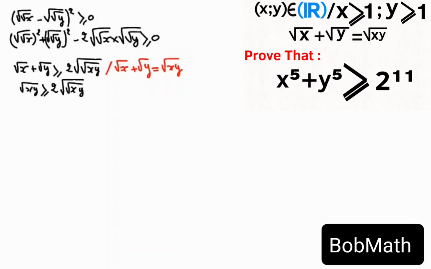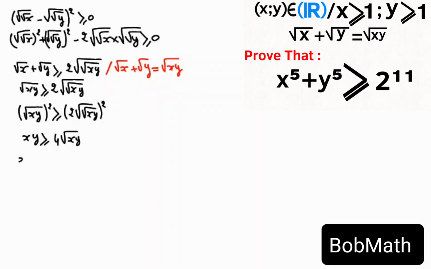Now we add the square to both sides of this inequality. So square root of xy all squared is greater than or equal to 2 square root of xy all squared. Therefore, xy is greater than or equal to 4 square root of xy.